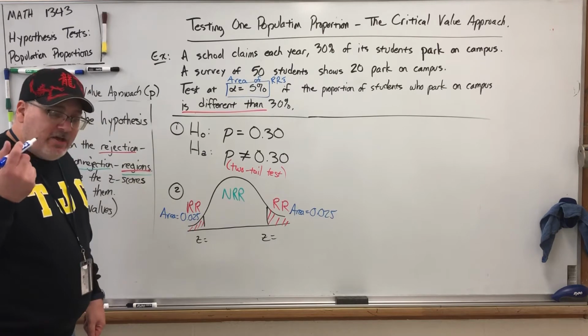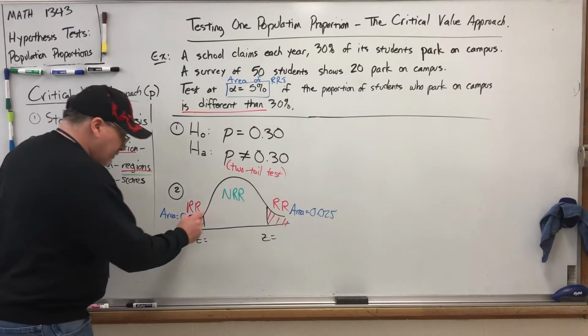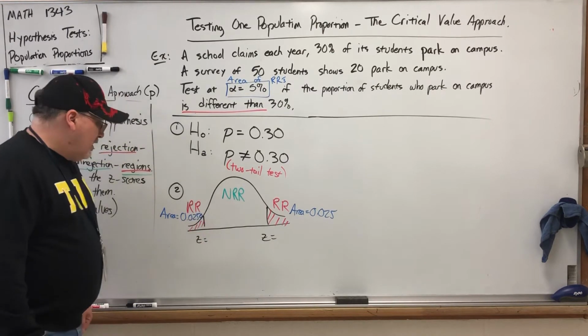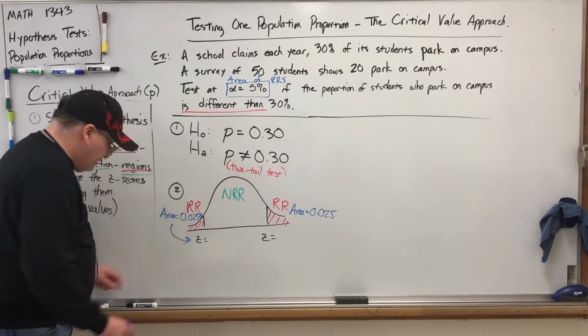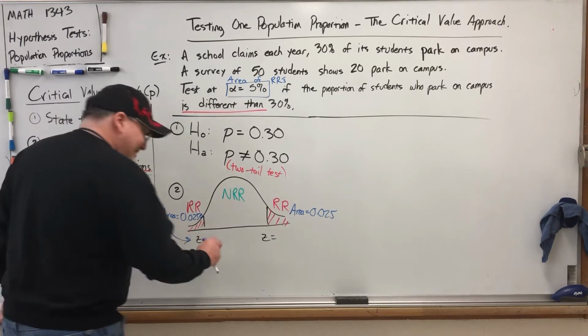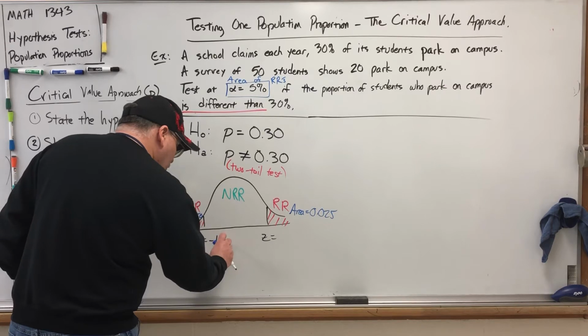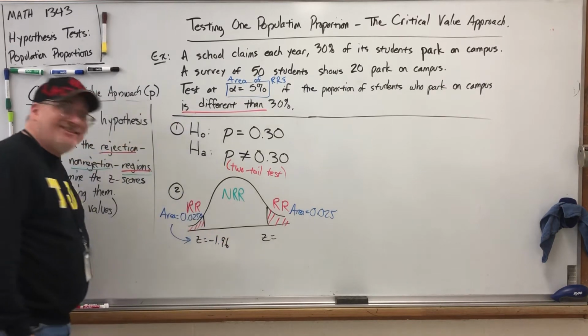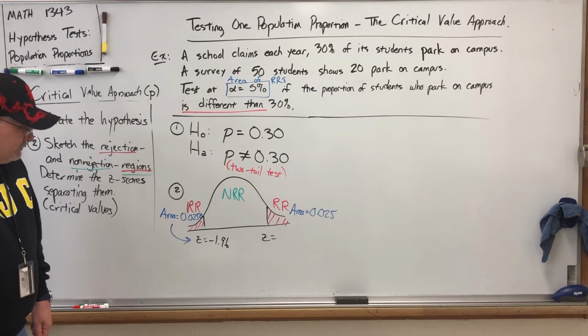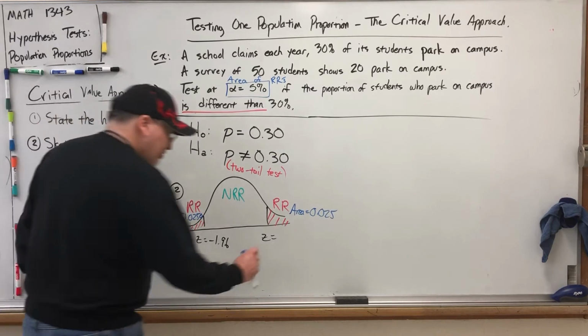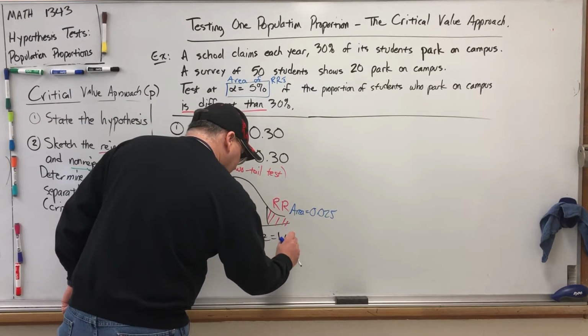Remember that the areas in the z-chart have 4 decimals, so we could put a 0 there. But if you look that up in a z-chart, it should be exactly in there when z is negative 1.96. And because of the symmetry, the other z is positive 1.96.